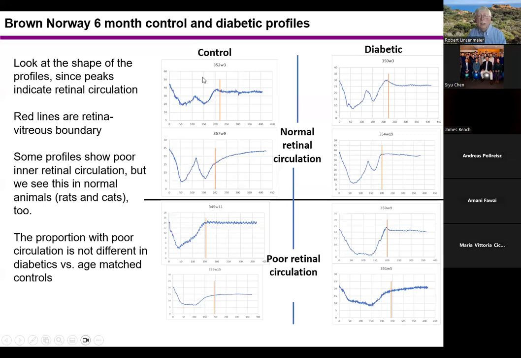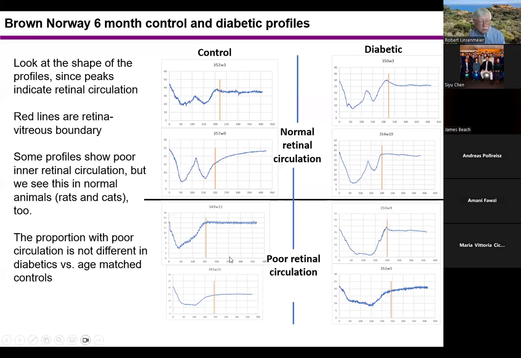So that's what we saw. Here is poor retinal circulation or absence of retinal circulation in control animals and in diabetic animals. And the proportion with poor circulation was not different in diabetics versus age-matched controls. And this is true in the Brown Norways and in the Long Evans rats.